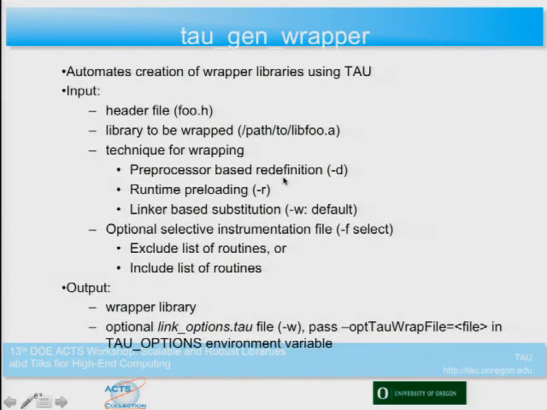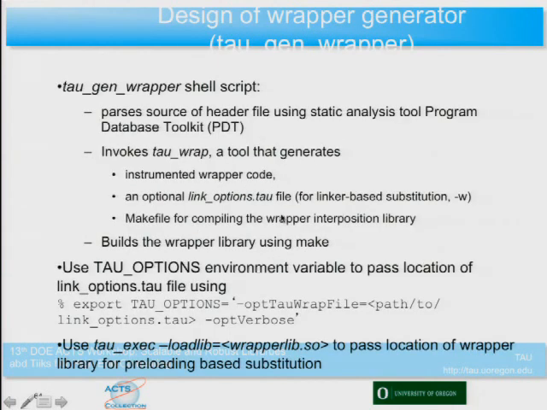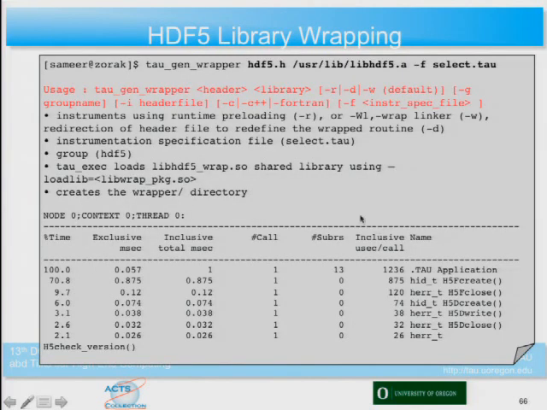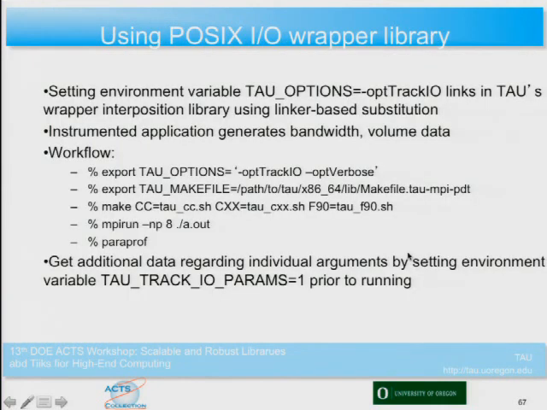This tool pretty much takes just 2 parameters. One is the header file, one is the actual library, and then it emits a library that it can automatically wrap like this. And here is an example of HDF5 where you can just wrap all the HDF functions and create a wrapped library which you link with your application, and you can see the performance.